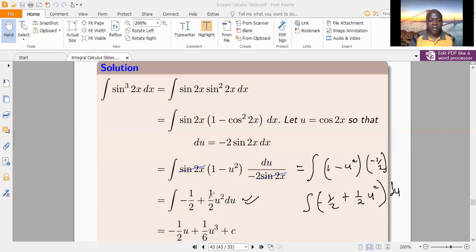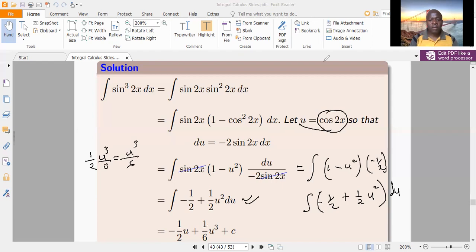And then just integrating this, negative a half du gives you negative a half u. And integrating this, a half u raised to 3 over 3, gives you u cubed out of 6, plus the constant of integration. Of course, go back to where u was and discover that u was equivalent to cos 2x, and substitute it here.